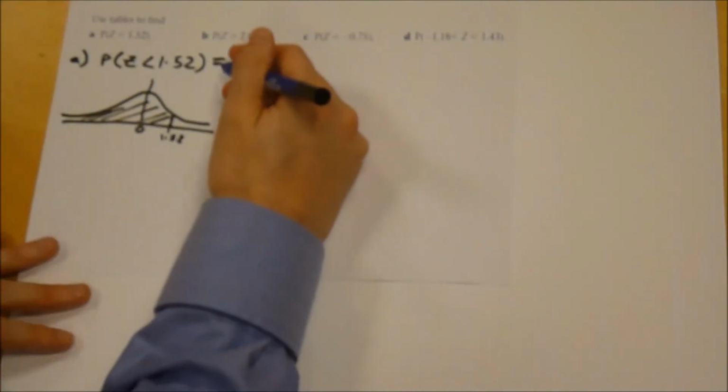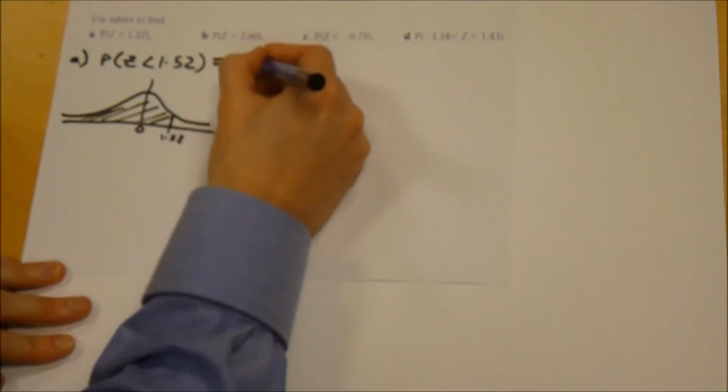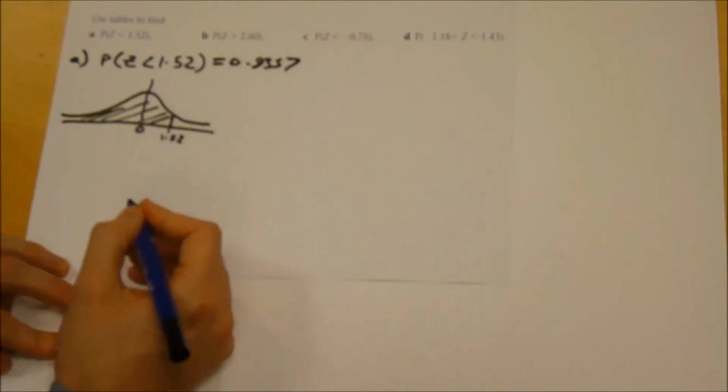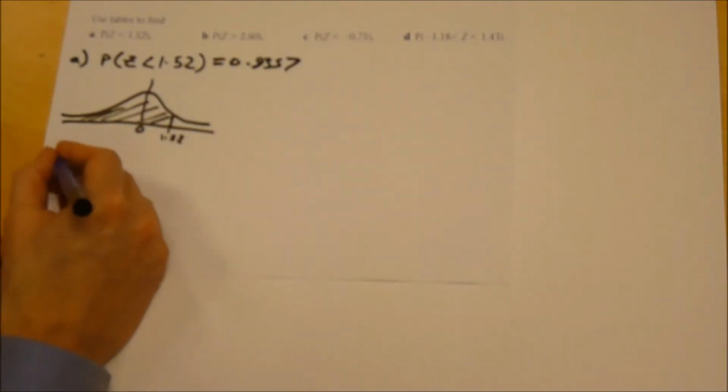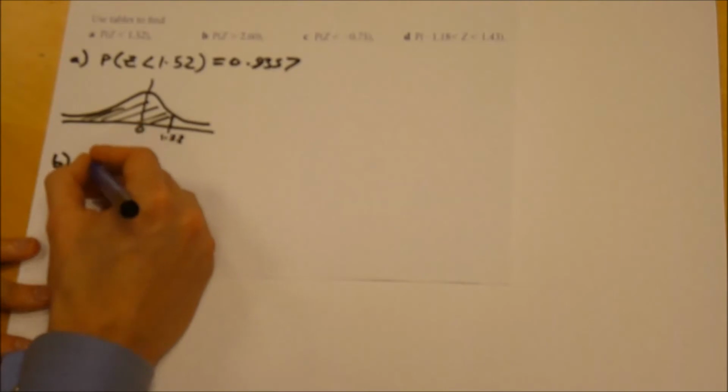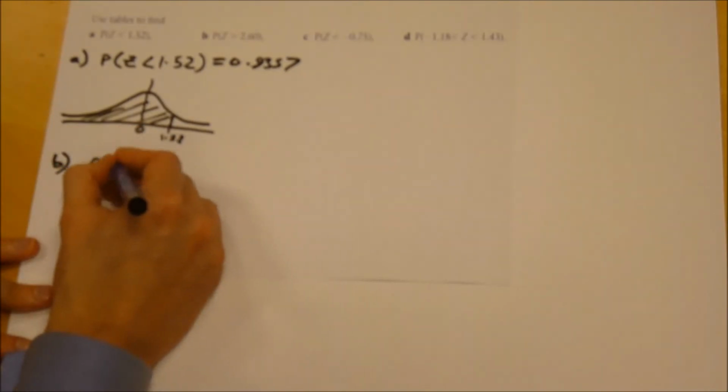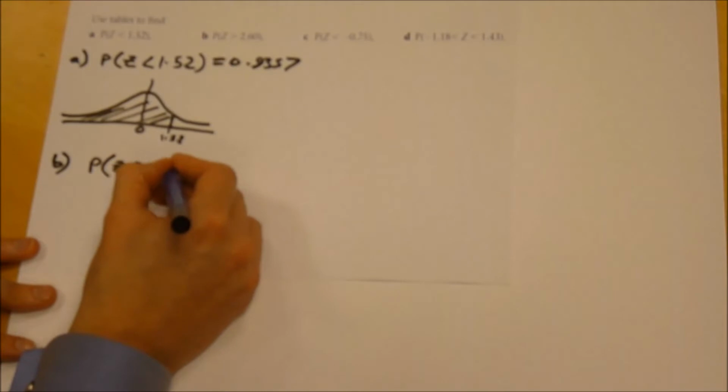And all I'm going to do is put that into my table, and say, well, where is 1.52? It's up here. 1.52, read off straight away, the probability is 0.9357. So I can just write that down. The probability is 0.9357. Simples.